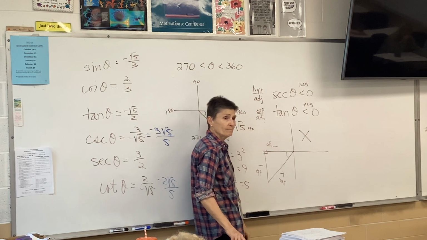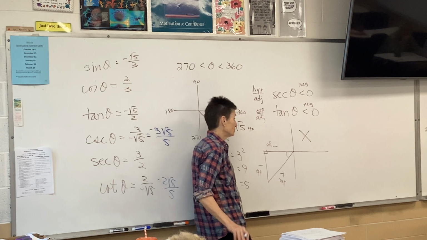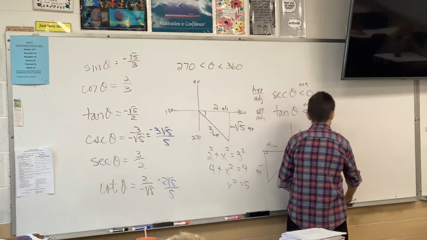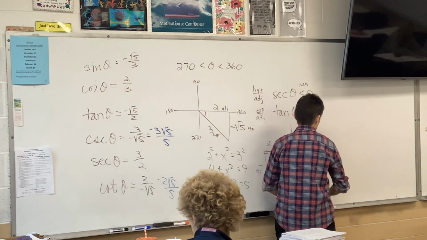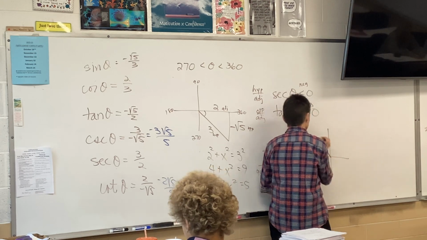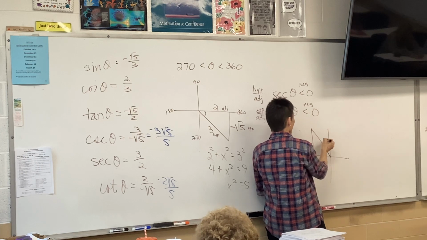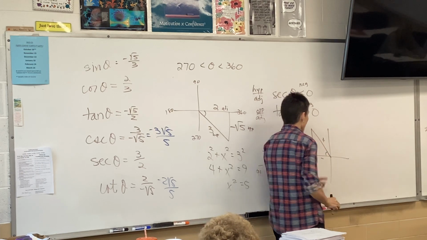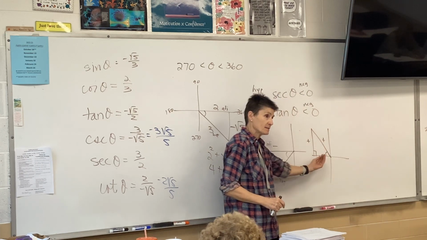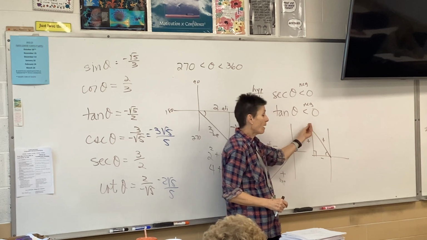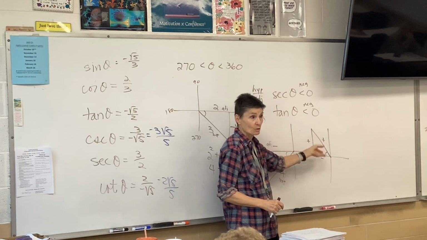Okay, pick another one. 2. I'm gonna draw another picture so it doesn't get too confusing. So here's my angle. In quadrant 2, I know this one's negative because it's left. That one's positive because it's up, and hypotenuse is always positive.